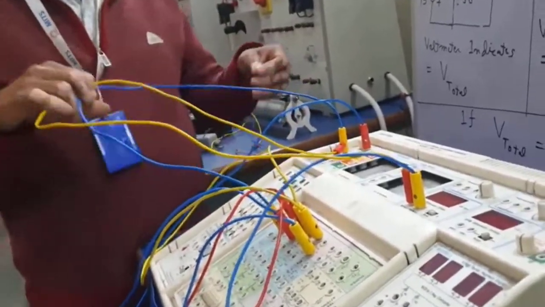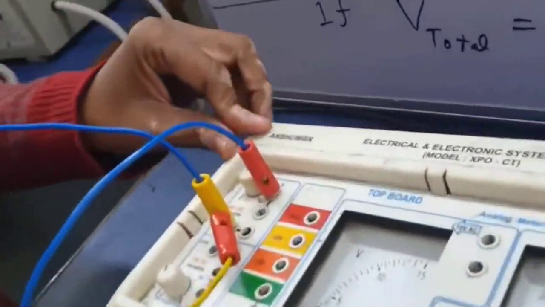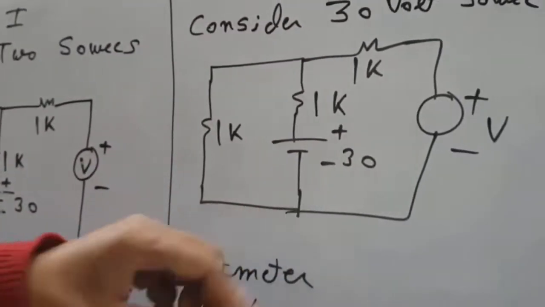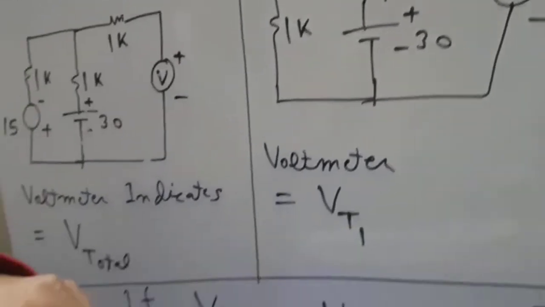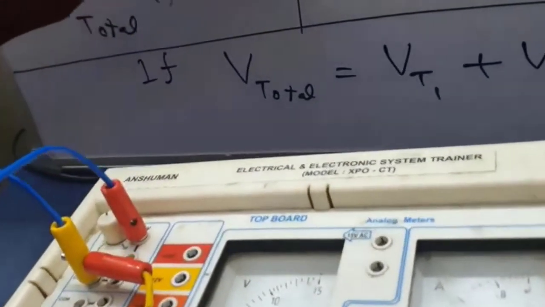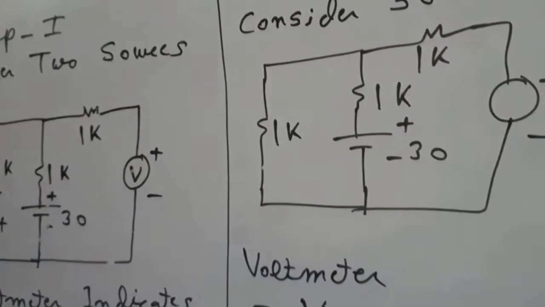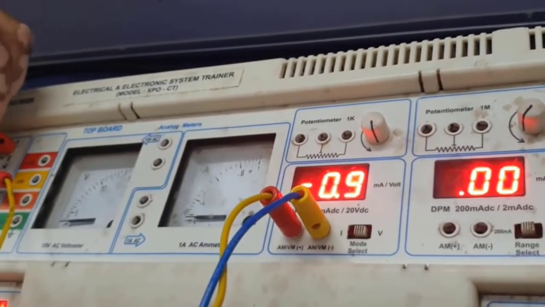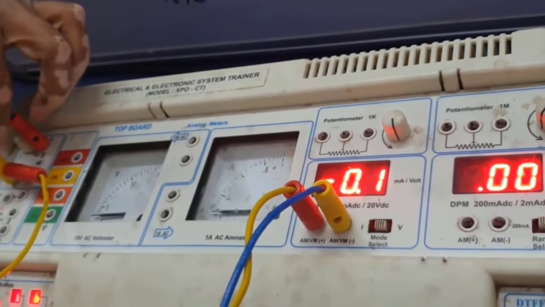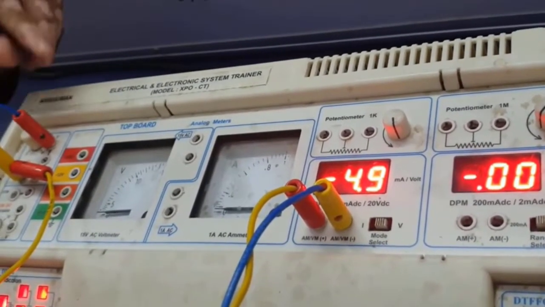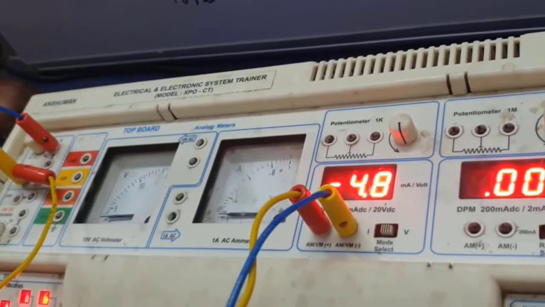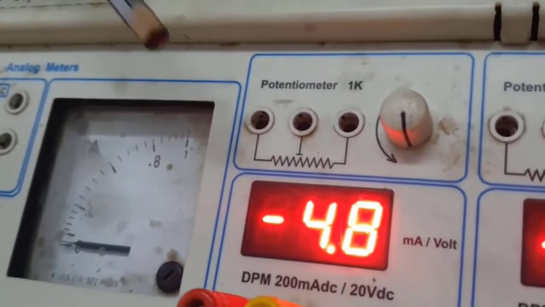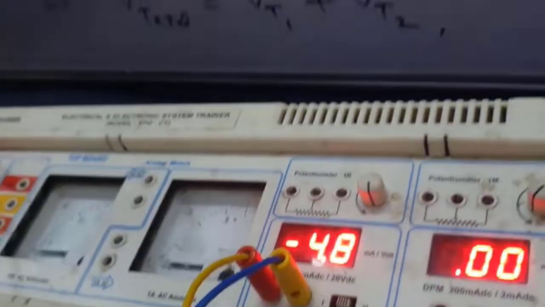In this condition we observe the voltmeter reading. This is 4.8, the value when only the 30 volt source is connected.